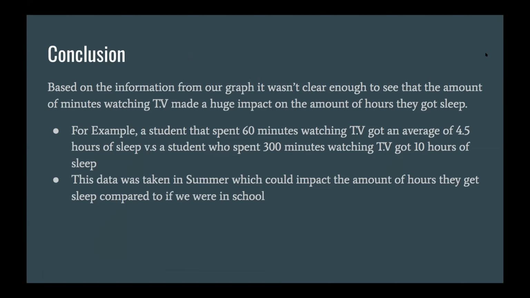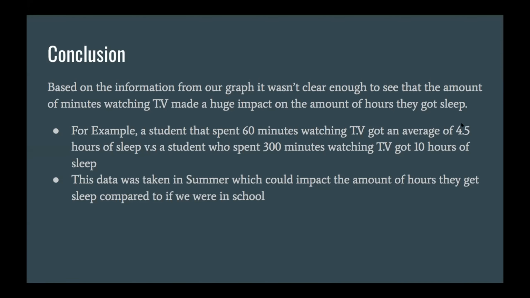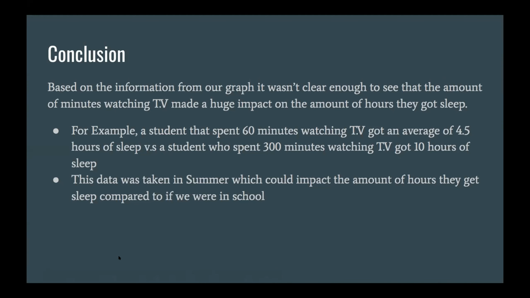For example, there was a student who spent 60 minutes watching TV and got an average of 4.5 hours of sleep versus a student who spent 300 minutes watching TV and got 10 hours of sleep. And basically this data was taken in the summer, which could impact the amount of hours they sleep compared to if they were in school. So that also affects how many hours they got.